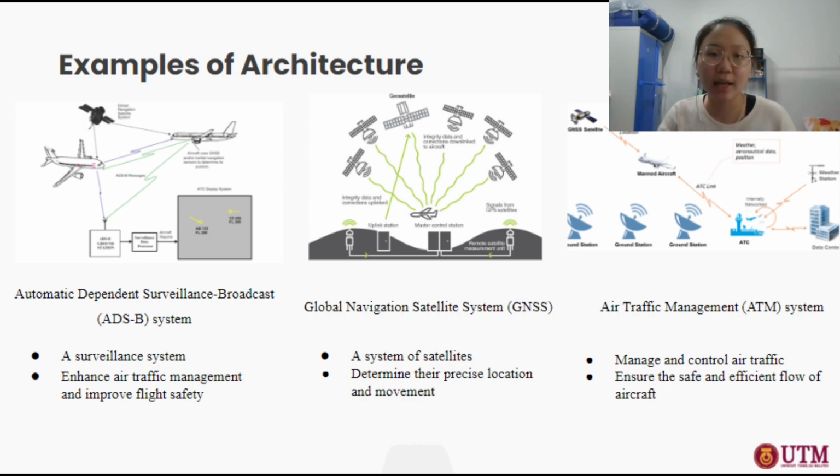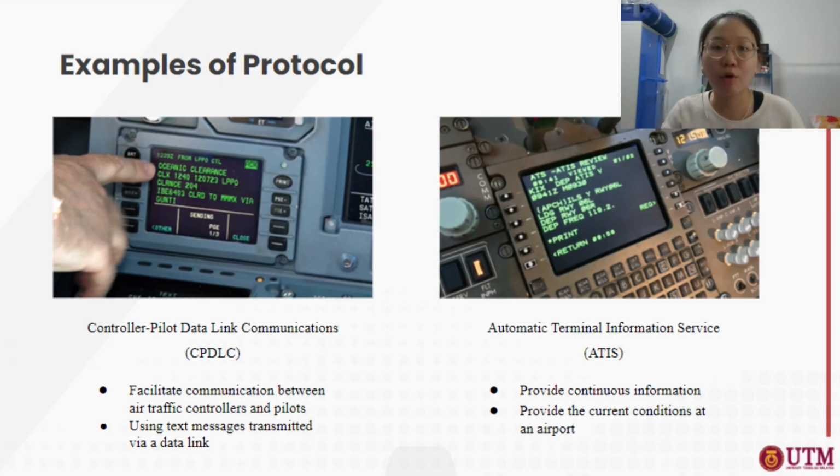It provides air traffic controllers with real-time information on the locations and movements of aircraft. While for protocols, Controller-Pilot Data Link Communications (CPDLC) and Automatic Terminal Information Service (ATIS) are two commonly used protocols.